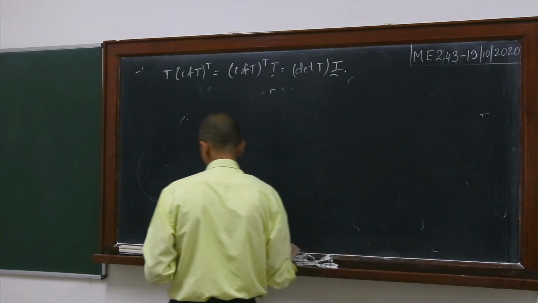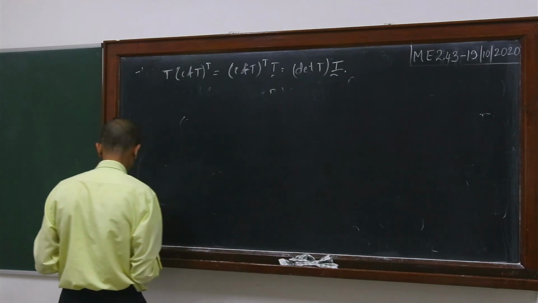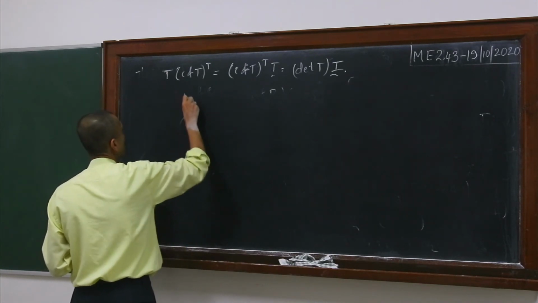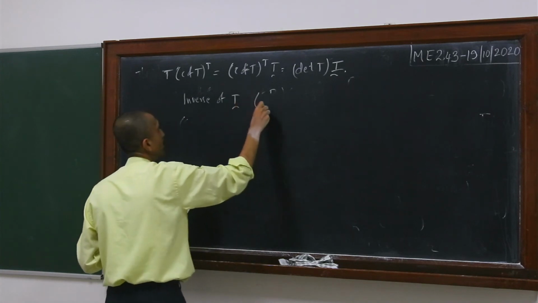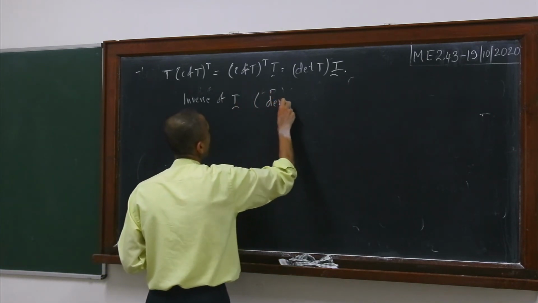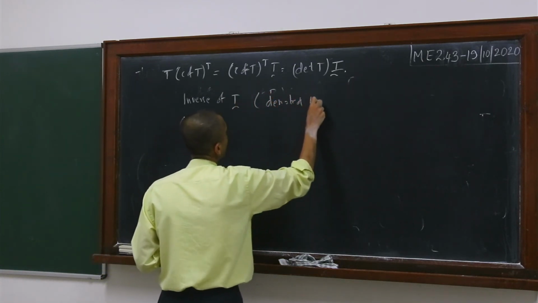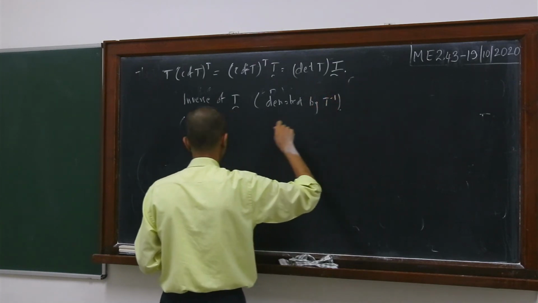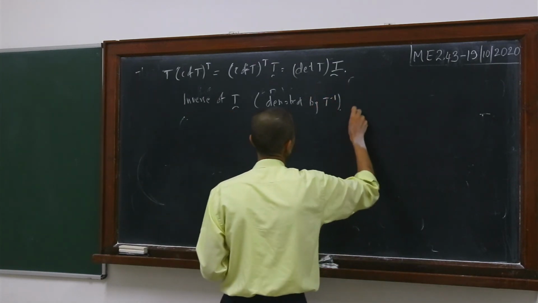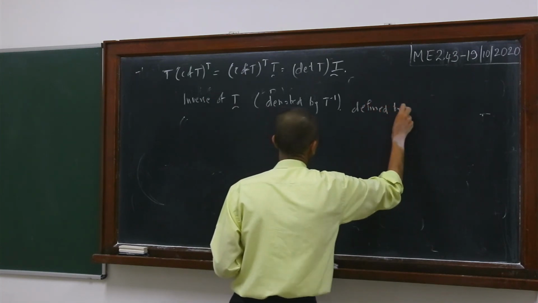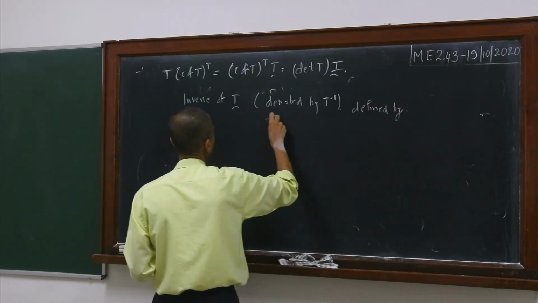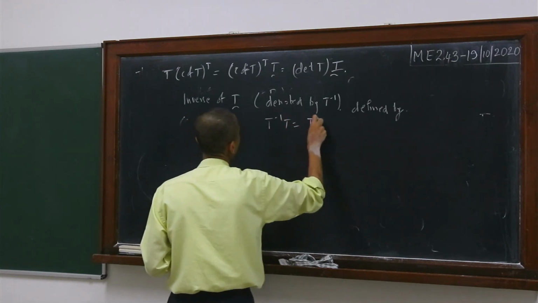The inverse of T, denoted by T inverse, is defined by T inverse T is equal to identity.